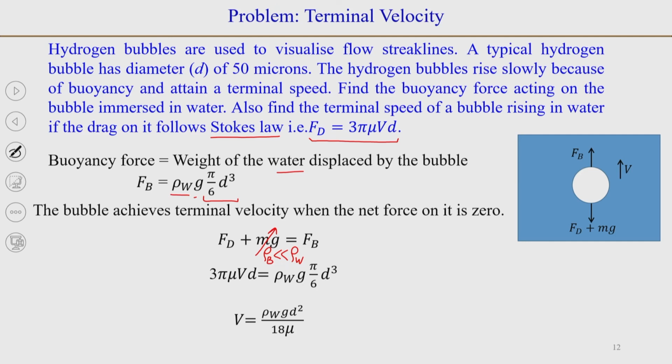If we substitute the value of F_d, which has been given as 3π μ V d, and the value of F_b, the buoyancy force we have just calculated, ρ_w g π by 6 d cubed, and cancel out the terms, π will cancel out and one d will cancel out. So, you will have d squared here. You will get V equal to ρ_w g d squared by 18 μ. Okay. So, that is the terminal velocity of the bubble.